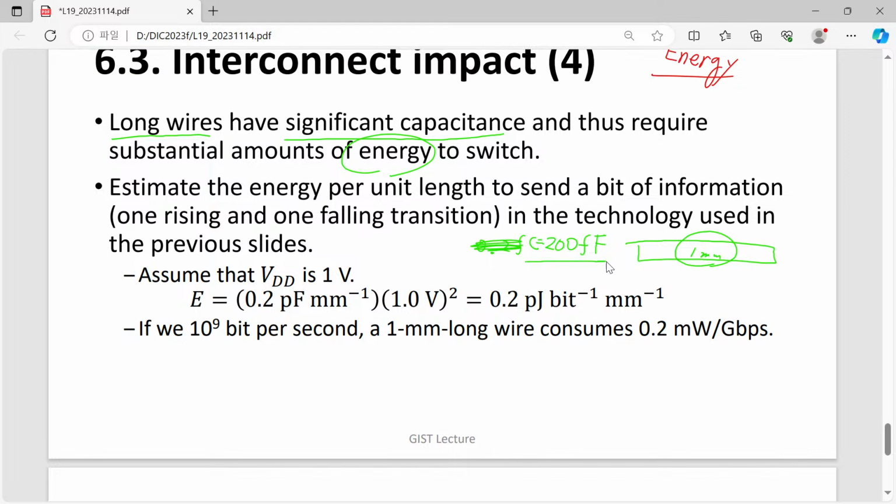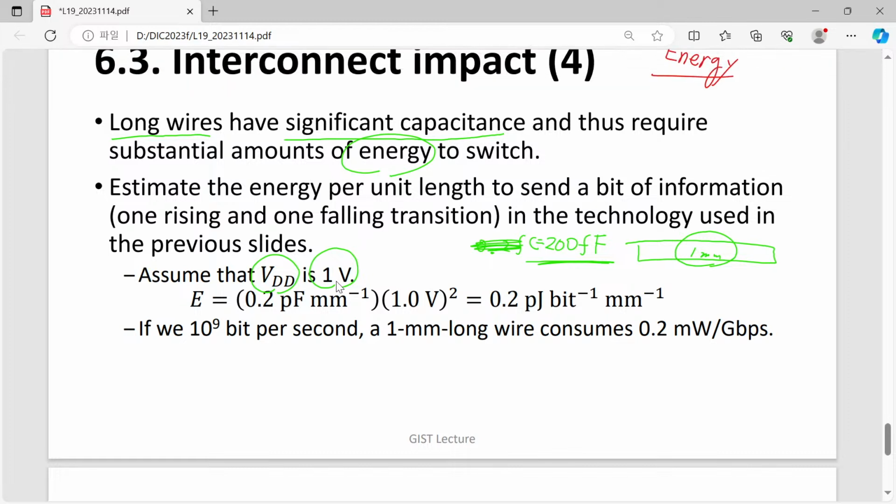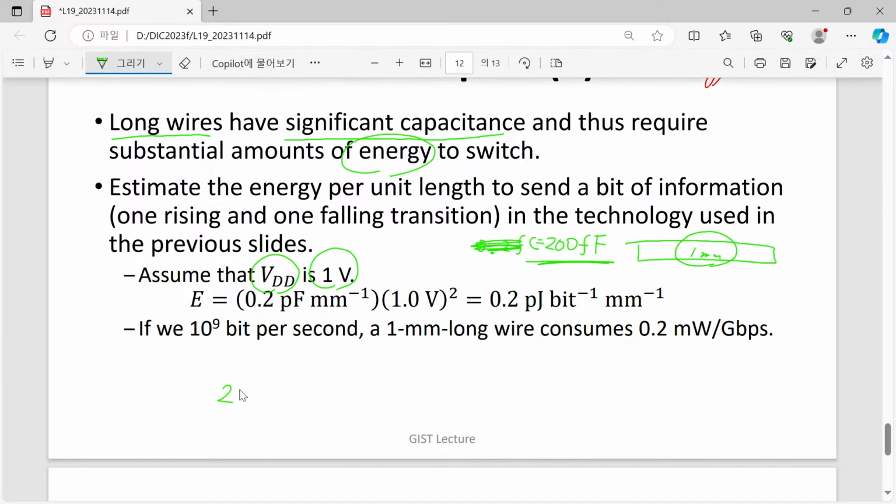If we have this 200 femtofarad, and if our VDD is given as 1 volt, then in order to charge and discharge this overall capacitance, we need this calculation: 200 femtofarad times 1 volt square.